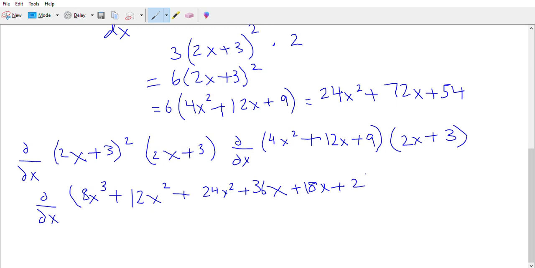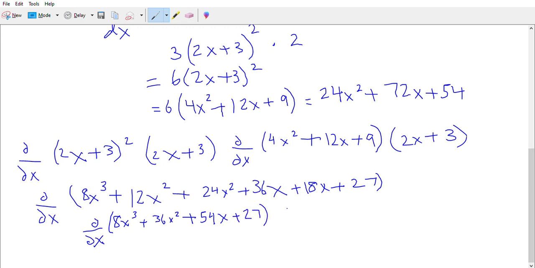So that's what happens when you distribute it out. Okay, there are some like terms to combine, like the 12x squared and 24x squared, and the 36x plus 18x. So on the next line, I will draw it. So basically we're taking the derivative of 8x cubed plus 36x squared plus 54x plus 27.